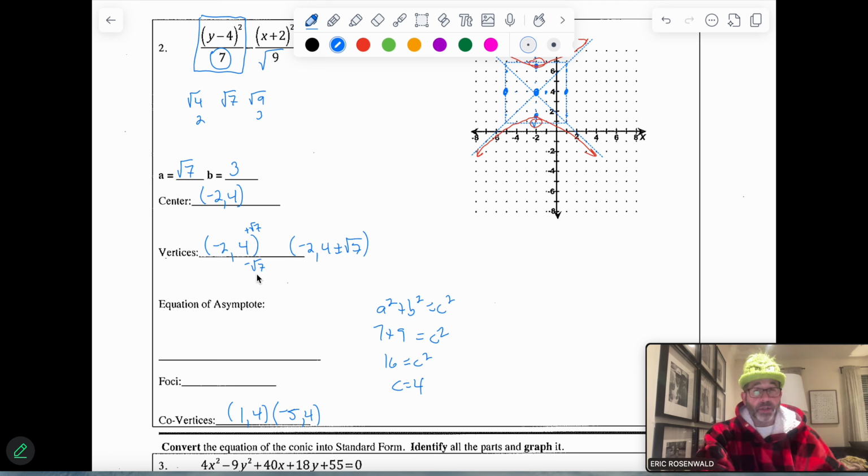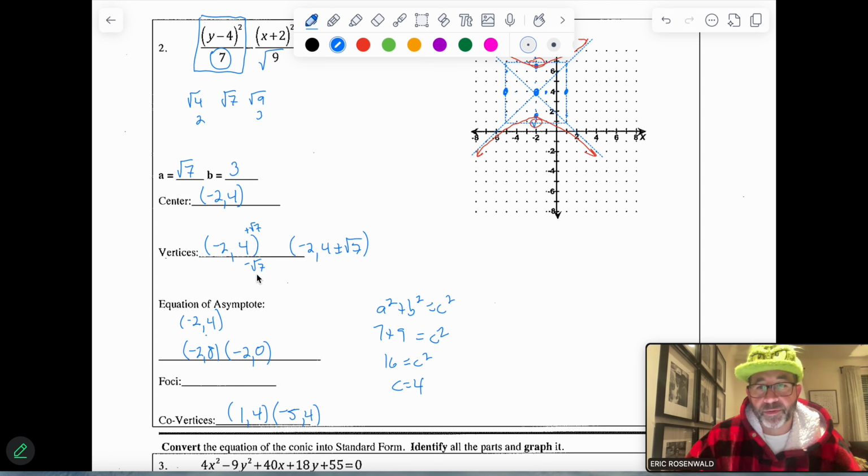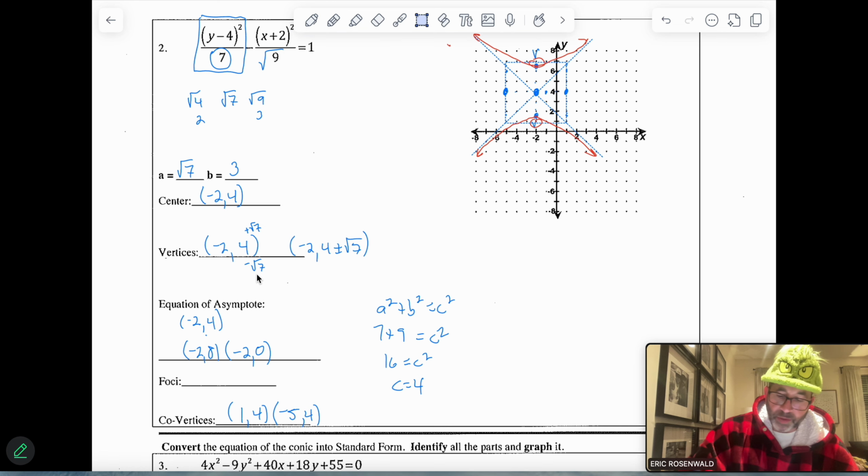So from my center, we're going to go 4 up and 4 down. So from -2, 4, 4 up will put me at -2, 8, and 4 down from there will put me at -2, 0. Okay, so those are going to be my foci. I'm sorry, my focus. And I just totally put those in the wrong spot.